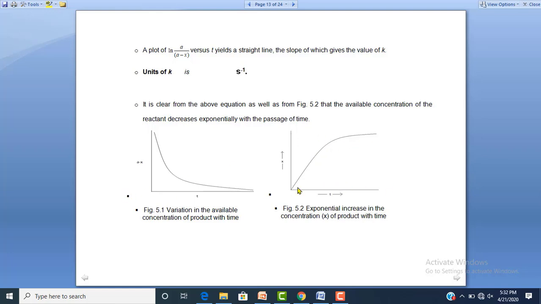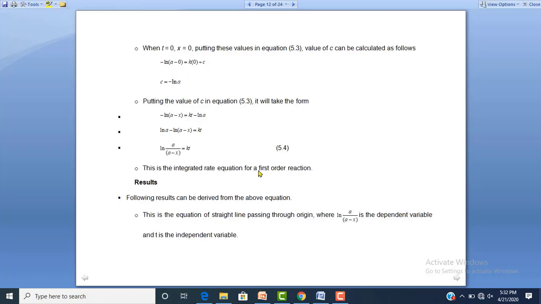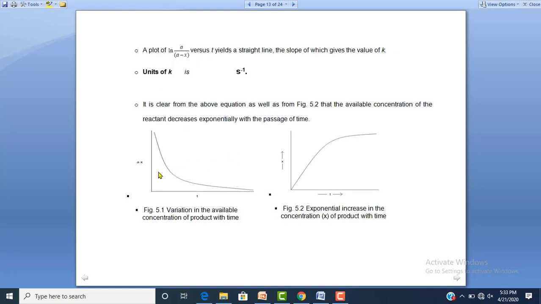So both these graphs can be applied with reference to equation 5.4. You can draw a graph between log natural a over a minus x and time, and ultimately you will get two types of different plots. The unit of the rate constant k will be per second.